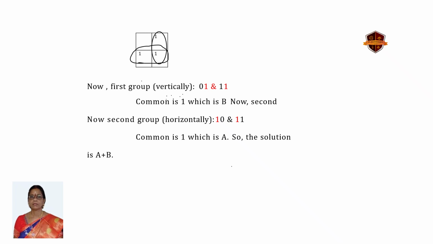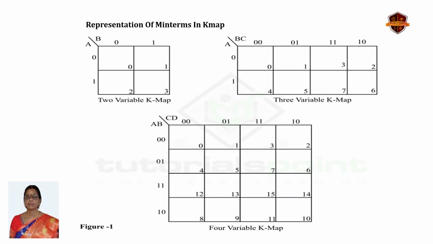In both 0 1 and 1 1, the common bit is 1, which corresponds to B. Hence the minimum literal is B. In the second group, you consider the horizontal oval shape, which corresponds to 1 0 and 1 1, in which the first bit 1 is the same, which corresponds to A. So it is A. So the resultant solution is A plus B.